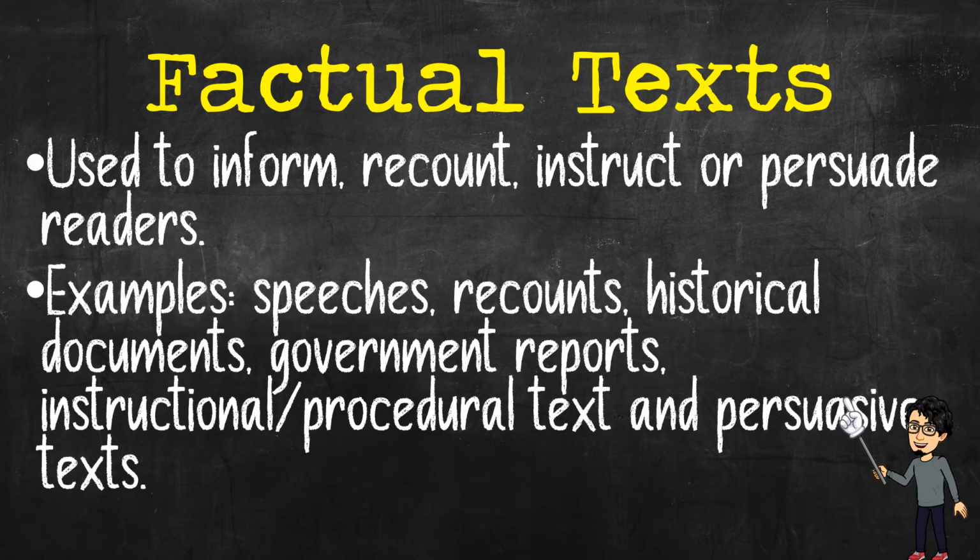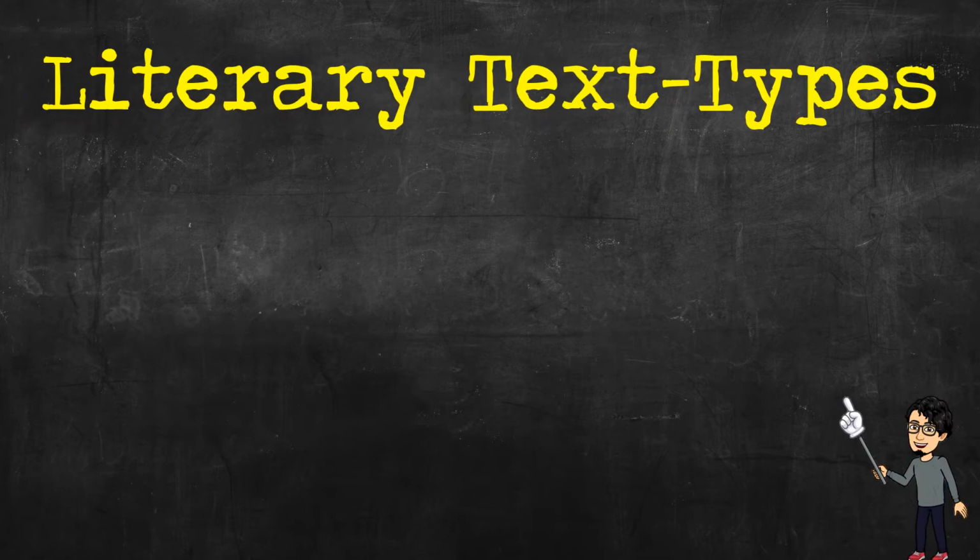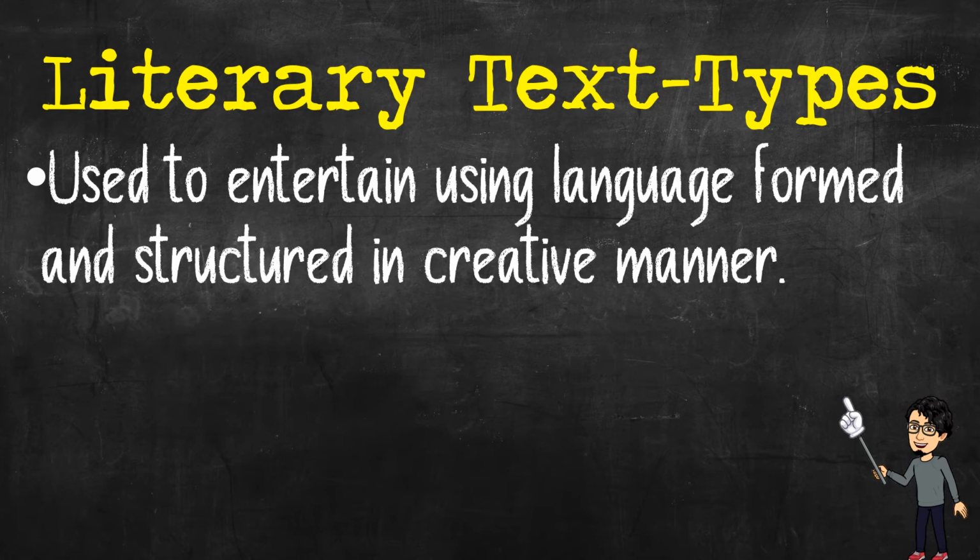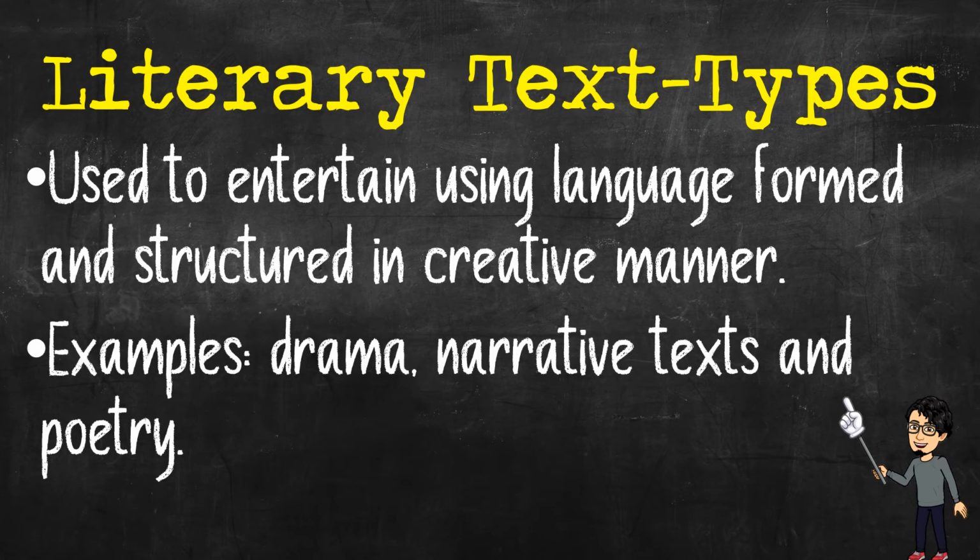Examples are speeches, recounts, historical documents, government reports, instructional or procedural texts, and persuasive texts. The second category is called literary text types. It is used to entertain using language formed and structured in a creative manner. Examples are drama, narrative texts, and poetry.